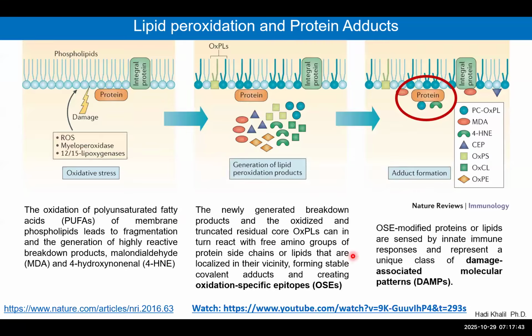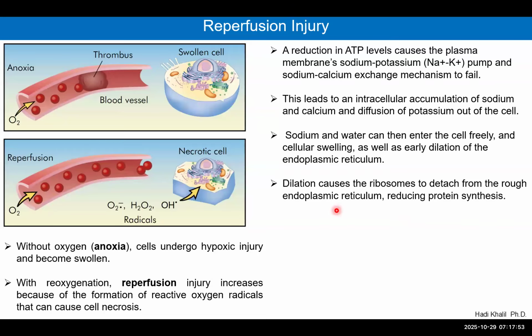Now these DAMPs are components that trigger the innate immune response. So if you imagine that this cell here died, it will release those DAMPs in the bloodstream or around the extracellular matrices.